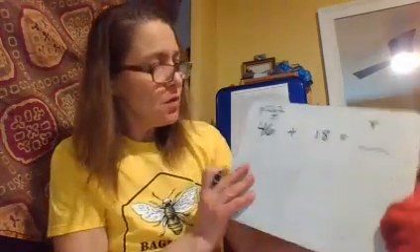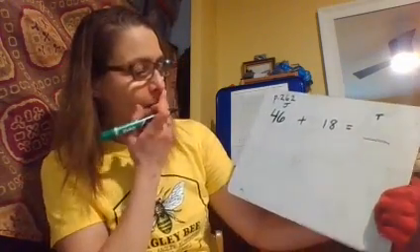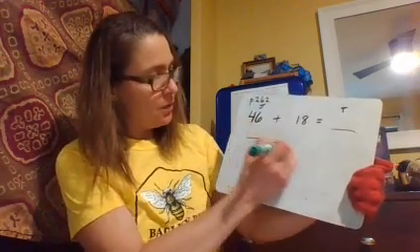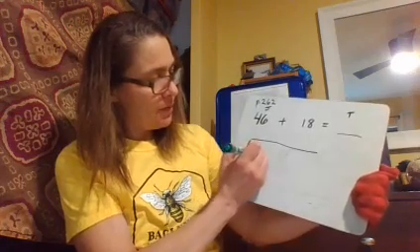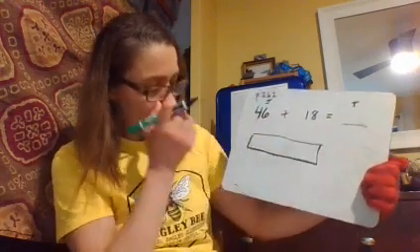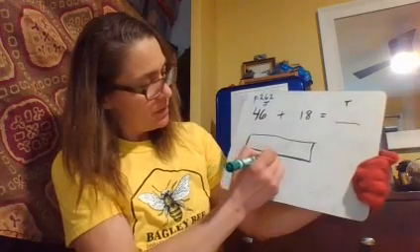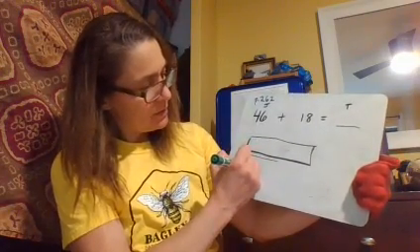So if you were going to do a bar diagram, you are going to have the total up top. And then down below, you're going to have one that represents 46.